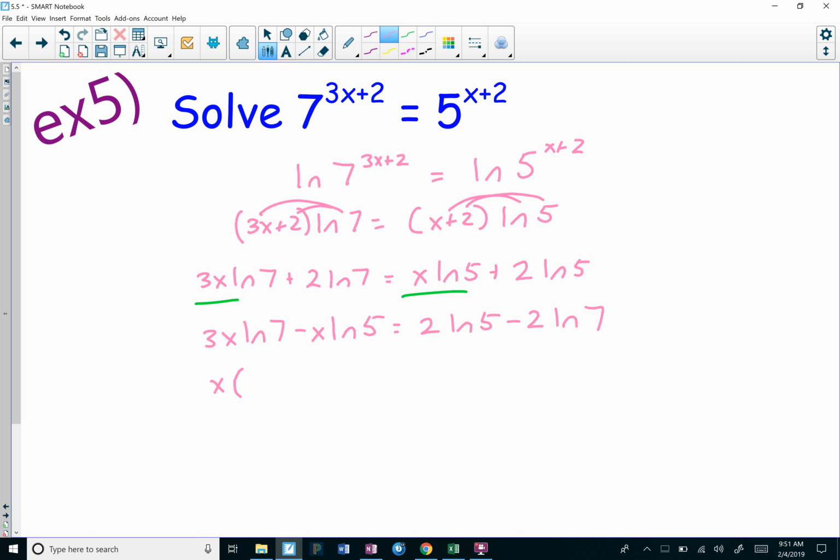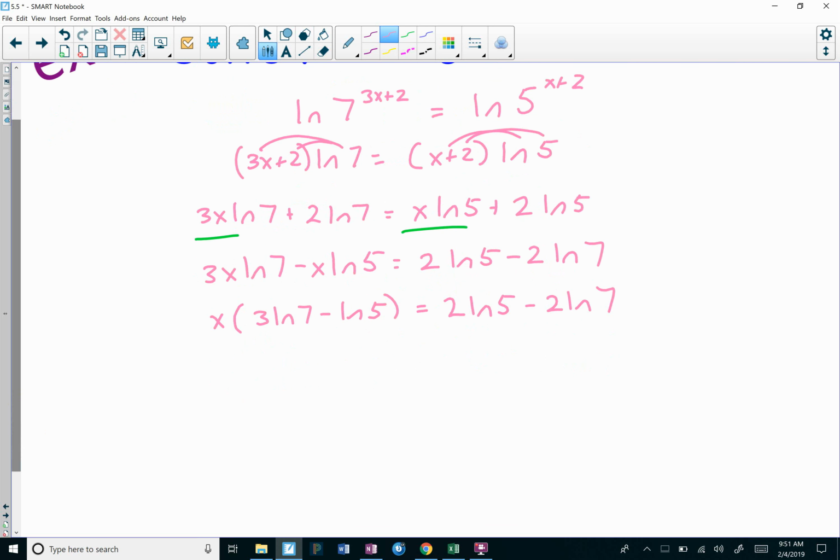Factor out that x. Okay, now I need to clean up, so I'm going to power up. Okay, and we might need a calculator for this because they might get gross. We might get some fractions and all that. We'll see. So I want 7 to the third is 343.